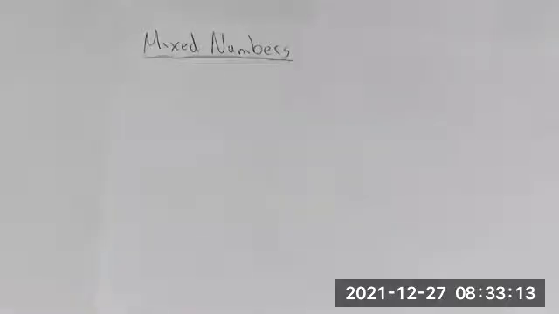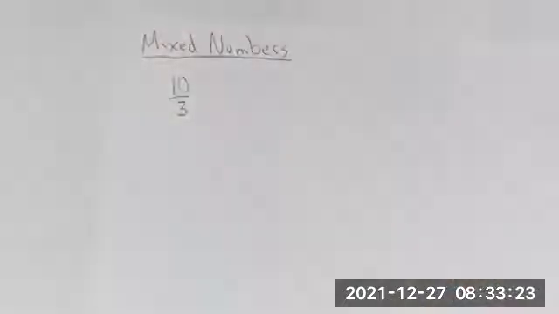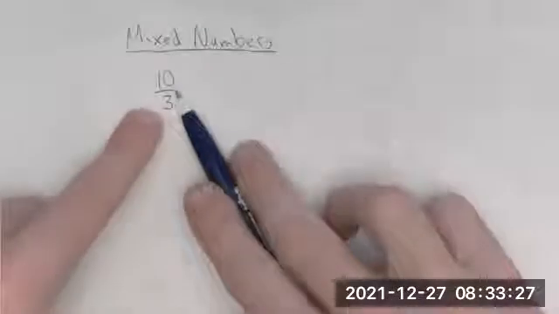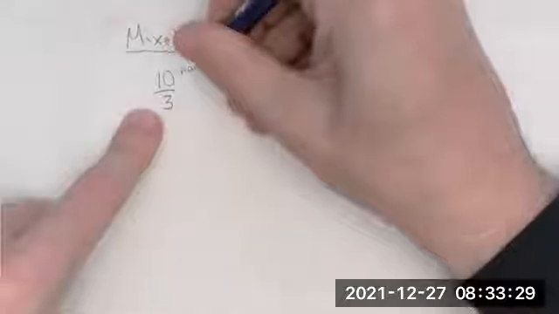As far as mixed numbers go, you'll hear a lot of different opinions or preferences on what teachers want. When we look at a number like 10 thirds, a lot of teachers would say that's an improper fraction, because our numerator, the top of our fraction, is larger than the denominator, the bottom.